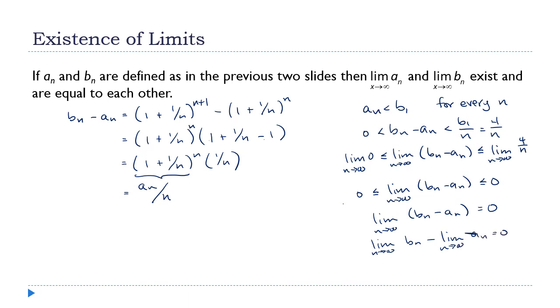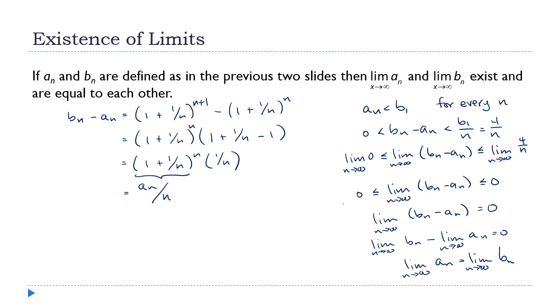Move that second limit over, add it to both sides, and we get the limit of a sub n equals the limit of b sub n. The two have to be the same. Okay, that's what I need to show.